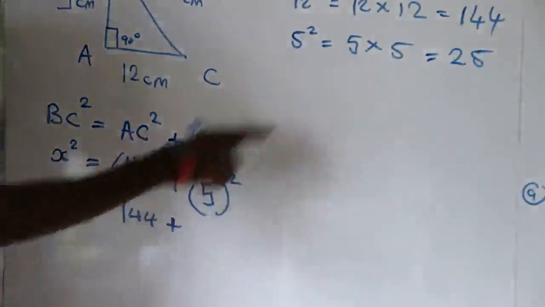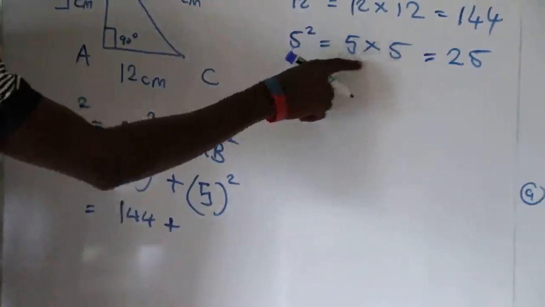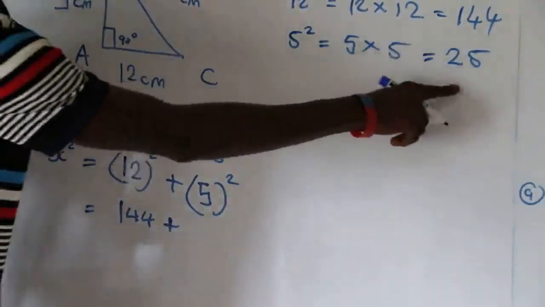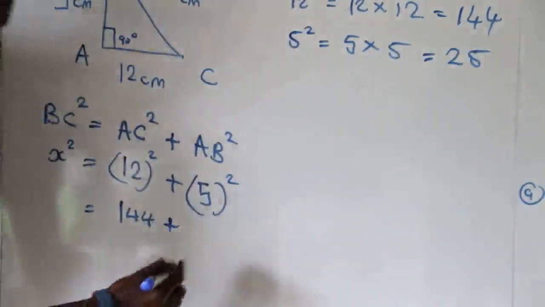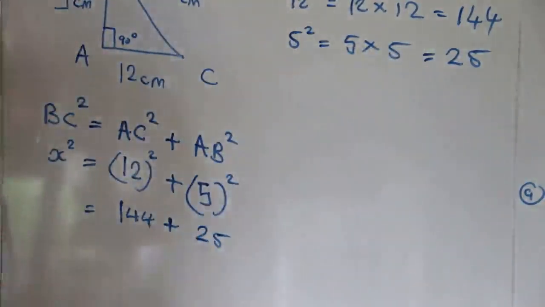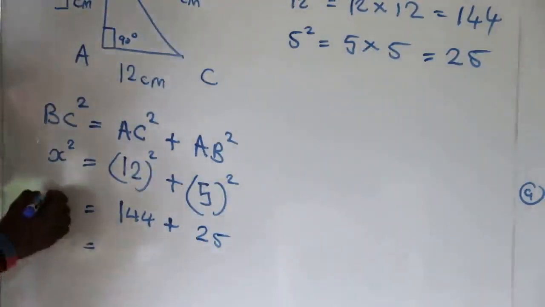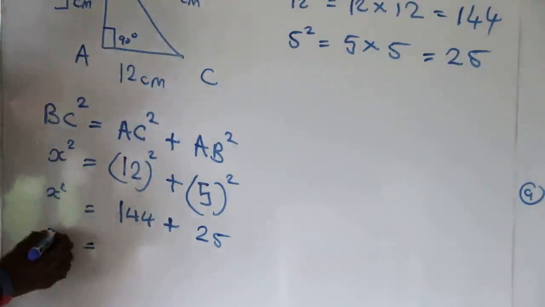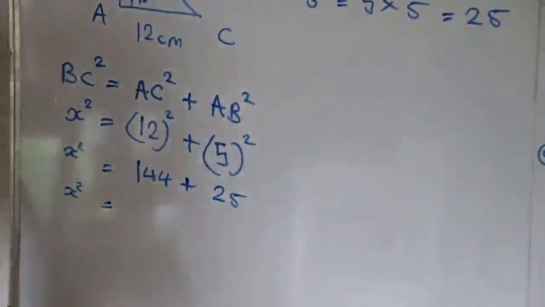So 5 squared means 5 times 5, and 5 times 5 is equal to 25. Then under the 5 square, you write your 25. Our x square will be coming down because we are looking for x.